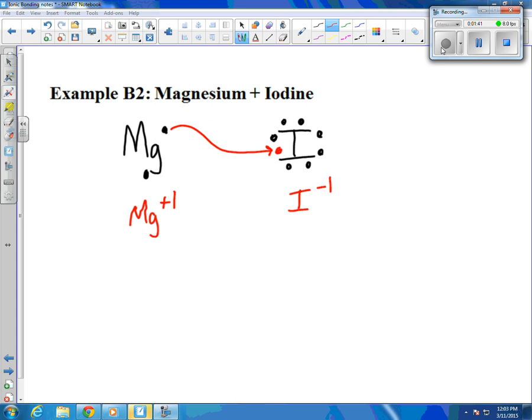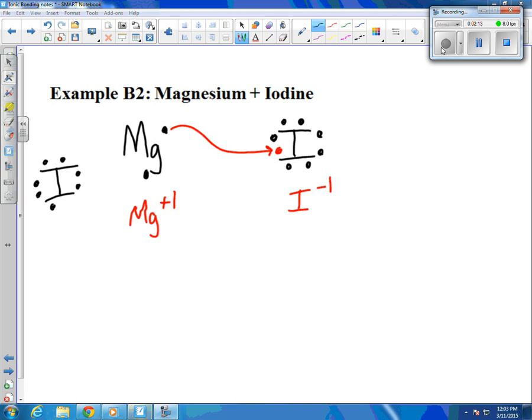So this makes you know that in order for this compound to be stable, in order for this compound to actually form and stay as a unit in a chemical bond, you must have another iodine atom come in. So this makes you know I have to draw another iodine. 1, 2, 3, 4, 5, 6, 7.